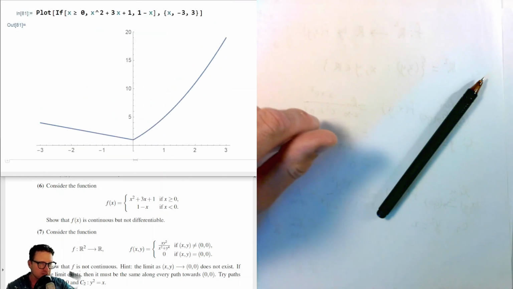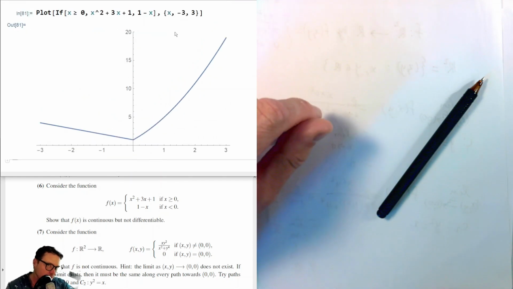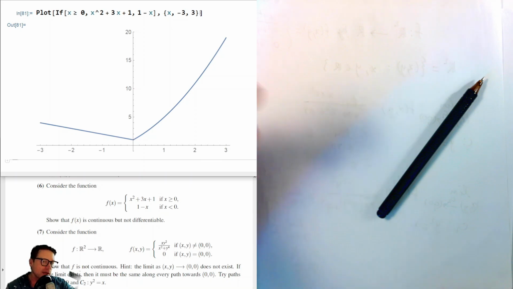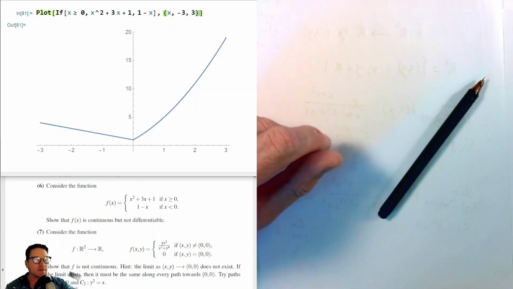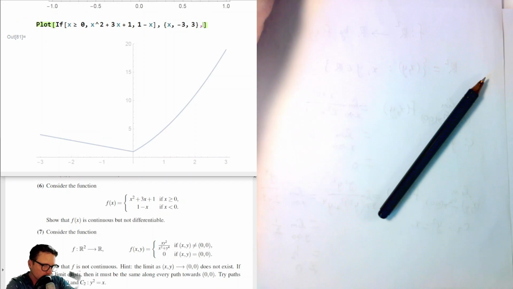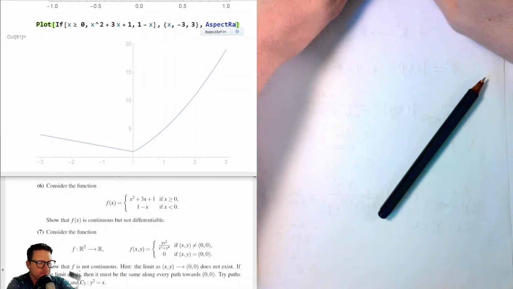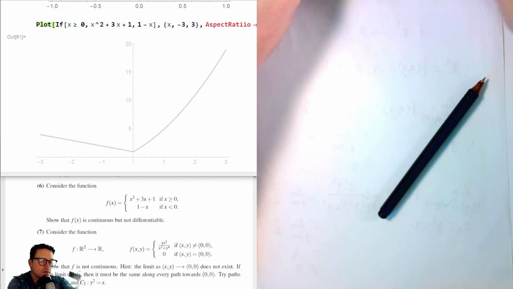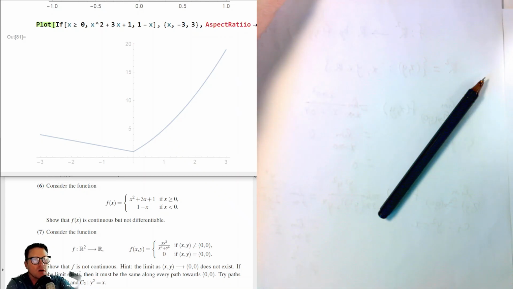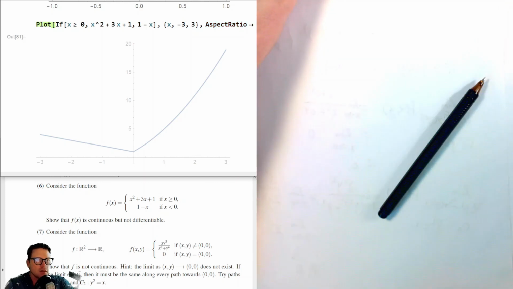So the way you sketch this might be somewhat different. So I can fix this up, right, by saying something like aspect ratio 1, 1, and then plot range, chopping it off.